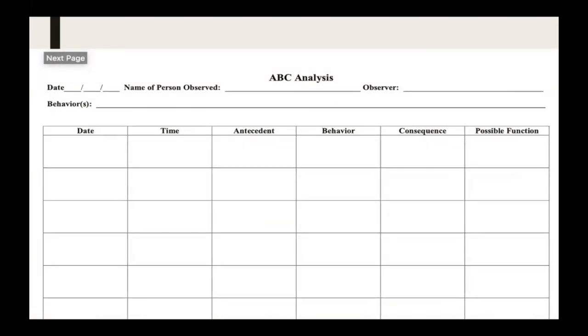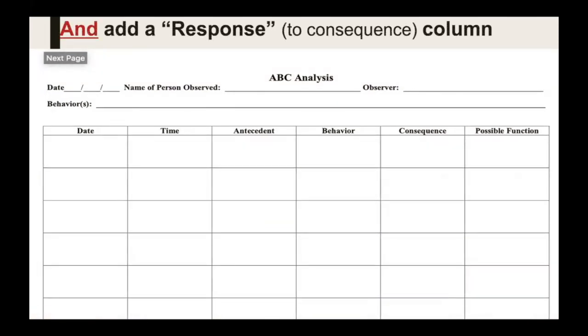And you'll be given a number of forms that you can use in your ABC analysis. You only have to analyze one situation that happened. But were you to collect more of these antecedent behavior consequence episodes for delivery to the IEP team, or when the IEP team is developing a BIP, a behavior intervention plan, you might have a form like this.